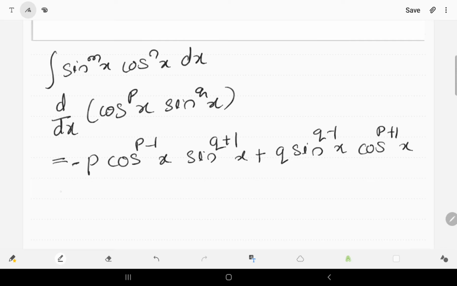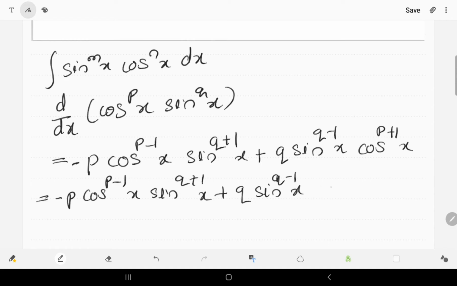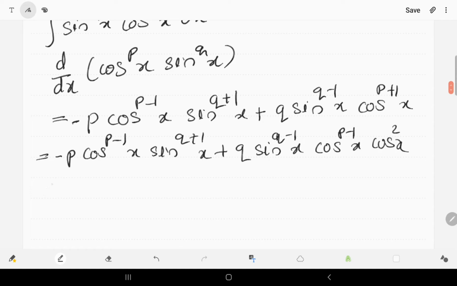Now it can be written as minus p cos raised to p minus 1x sin raised to q plus 1x plus q into sin raised to q minus 1x cos raised to p plus 1, which can be written as cos raised to p minus 1x into cos square x. Now cos square x is nothing but 1 minus sin square x.